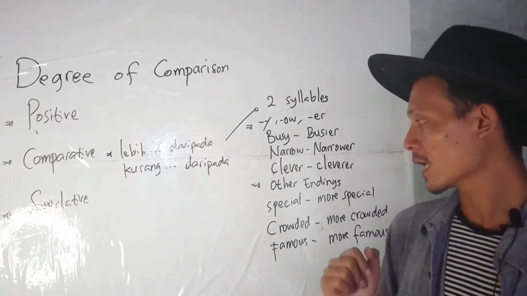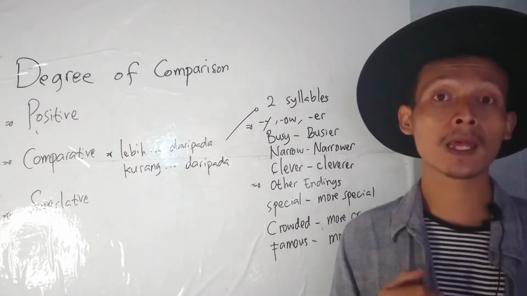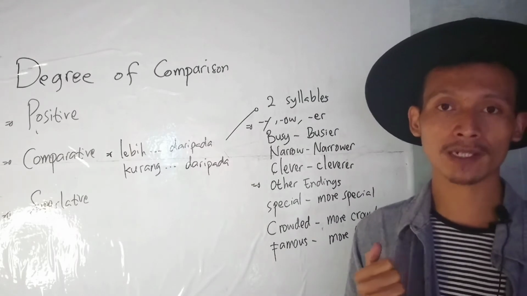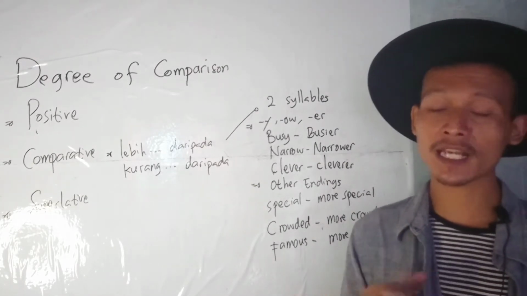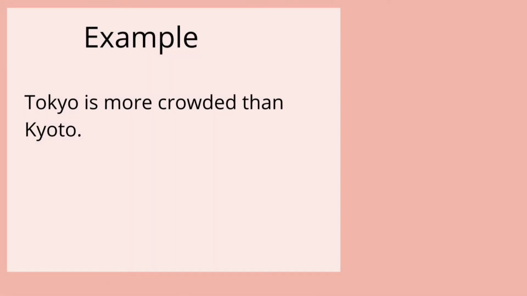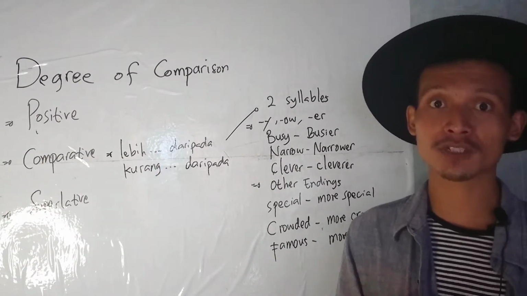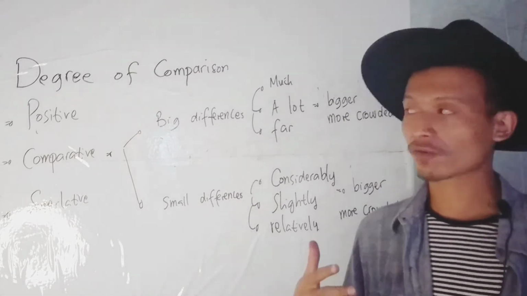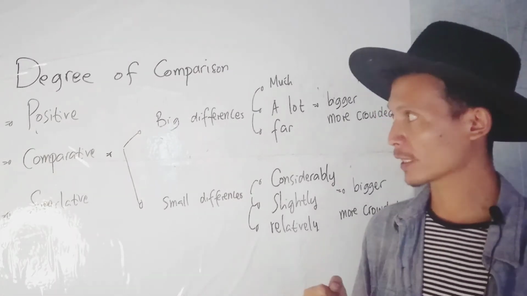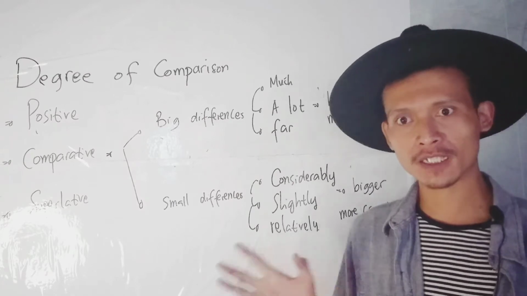For instance, special, more special. Crowded, more crowded. And then famous, more famous. And here is the example. Tokyo is more crowded than Kyoto. Crowded, 2-syllabic adjectives.